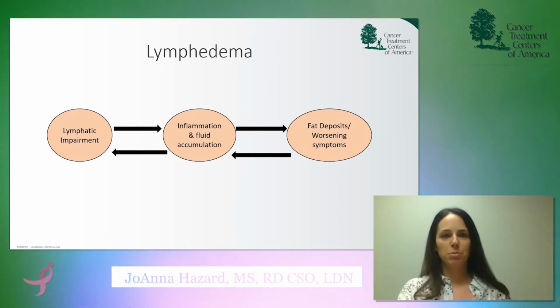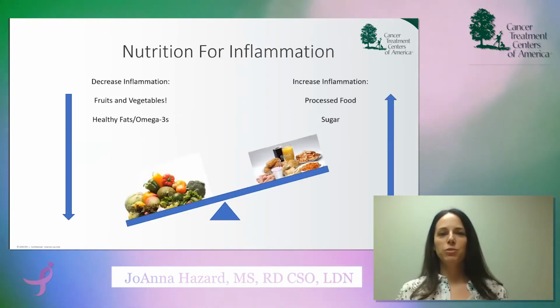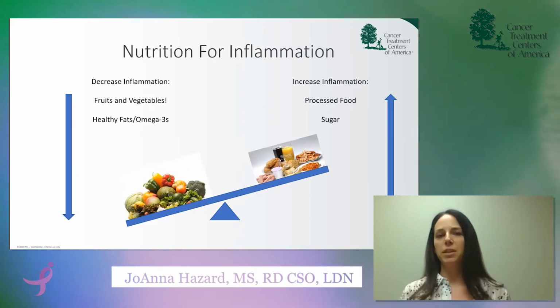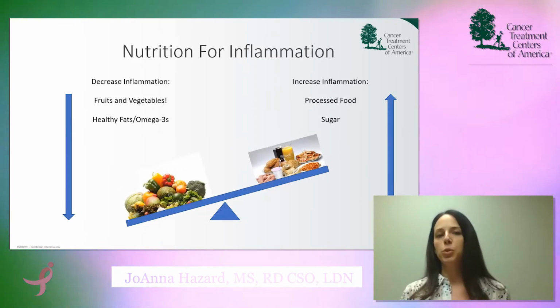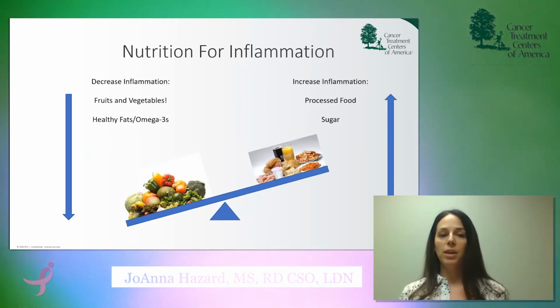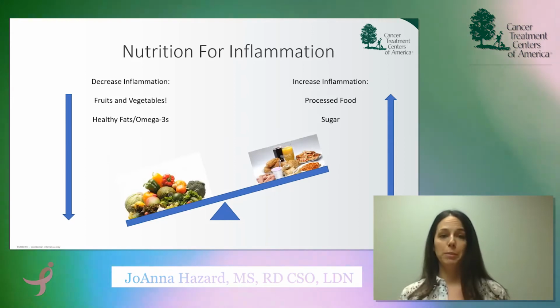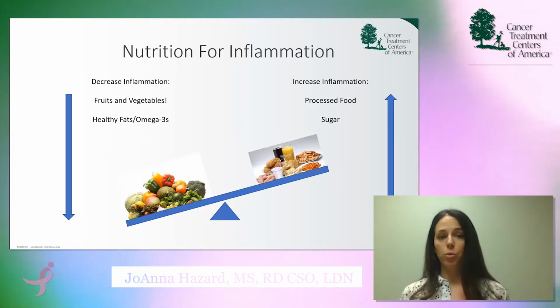So how does nutrition play a role in this? First and foremost, when I have somebody in front of me with lymphedema, I talk about nutrition for inflammation. Because lymphedema is inherently an inflammatory condition, much of what you eat can either decrease your inflammation or increase your inflammation. And you can see pretty significant results by changing the foods that you eat.